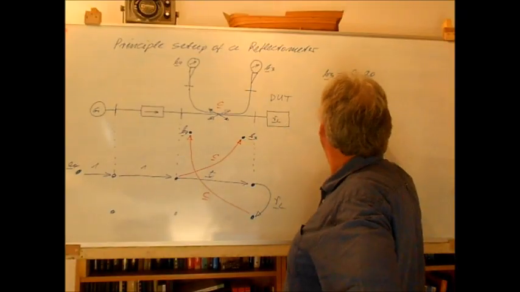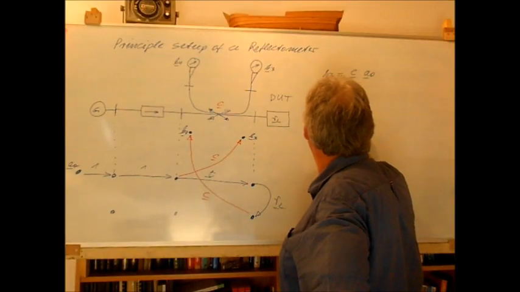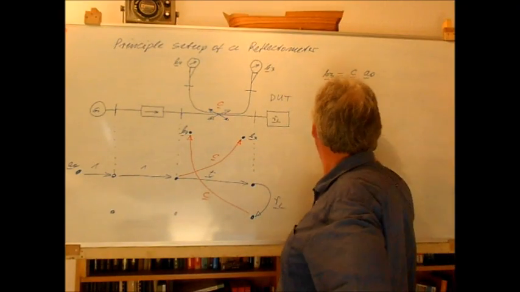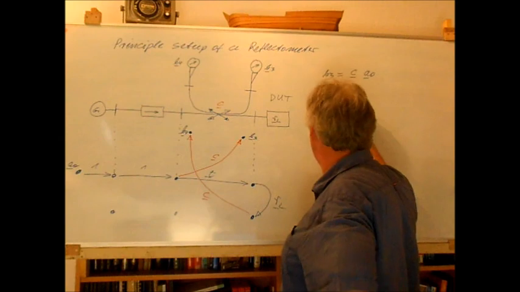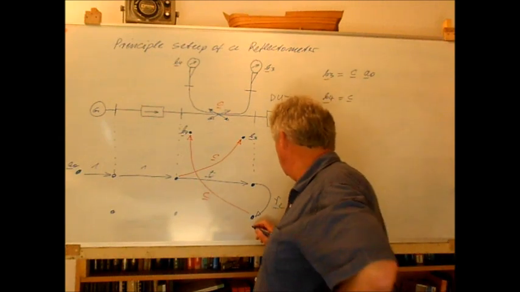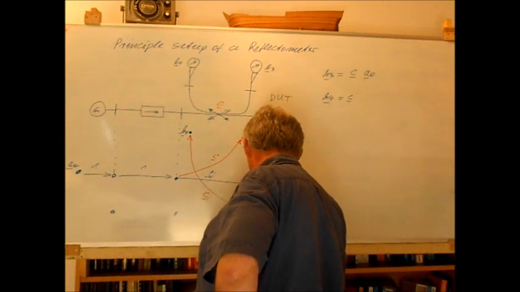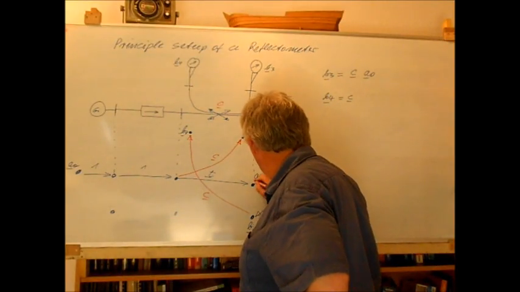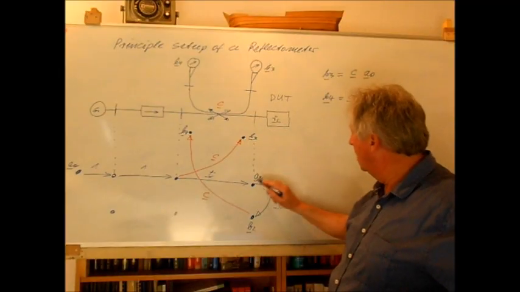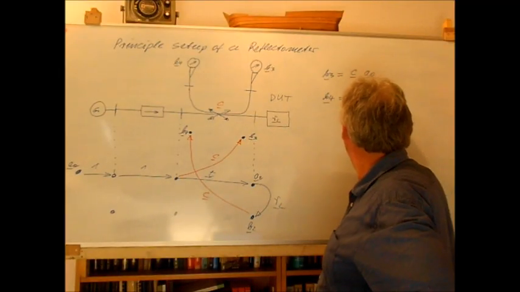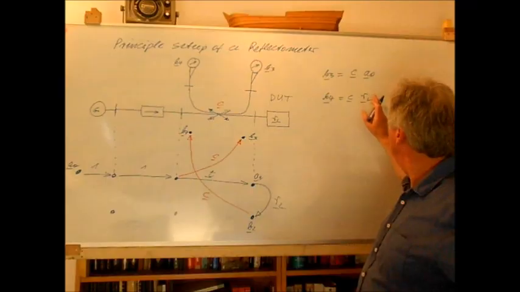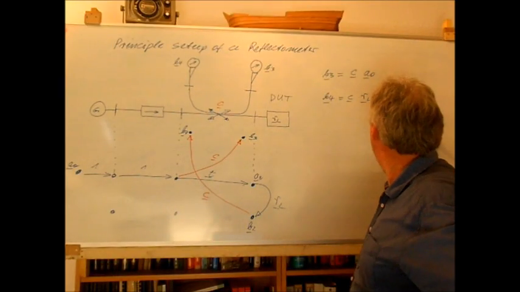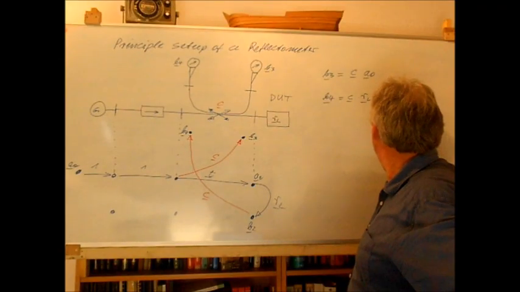And if I assume now B4, then B4 will be equal to C times B2, and B2 is RL times A2, so here we have the load reflection coefficient, and then we have again T times A0.